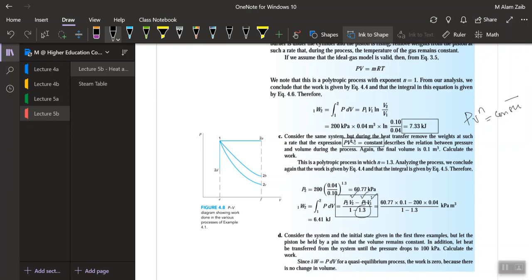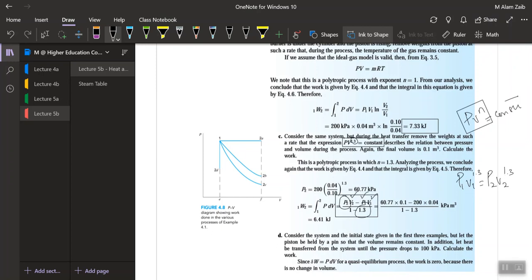PV raised to power n is constant, so n is equal to 1.3. The only thing we do not have is P2. Now, PV raised to power n is constant, which means P1 V1 raised to power 1.3 is equal to P2 V2 raised to power 1.3.